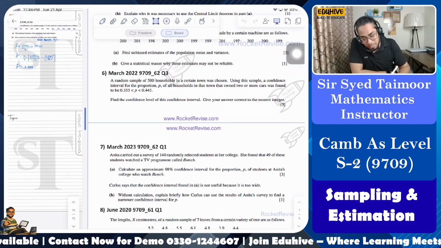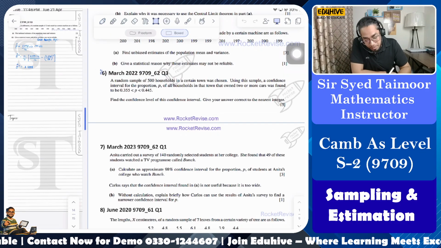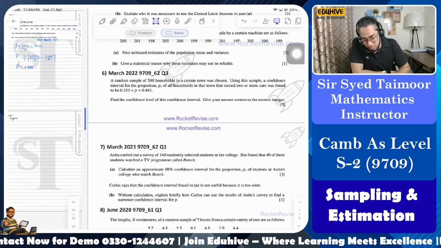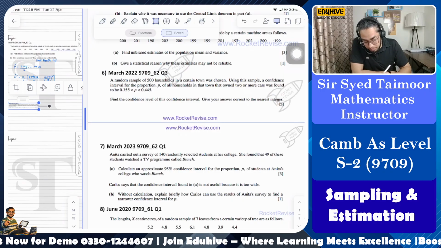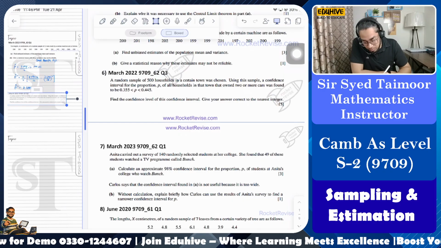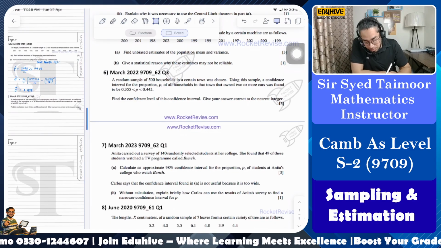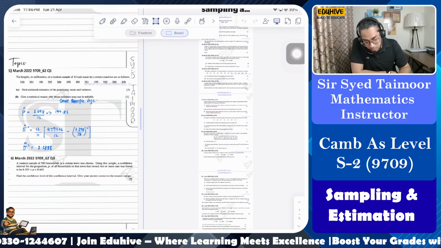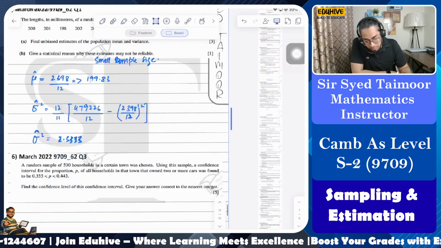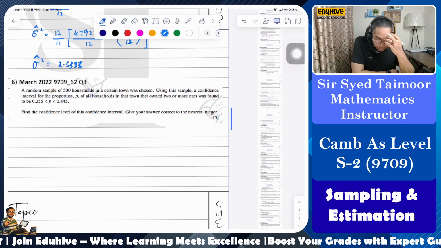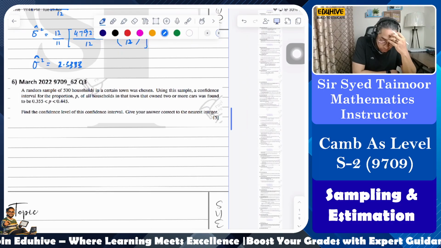Question number 6. A random sample of 500 households in a certain town was chosen.